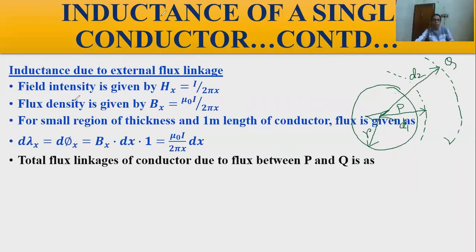And we know that the field intensity is given by Hs equals I divided by 2 pi h. So to find out the flux linkage of conductor due to fluxes between P and Q, we have to again consider the Amperian path in between the points P and Q, having the radius in between D1 and D2.